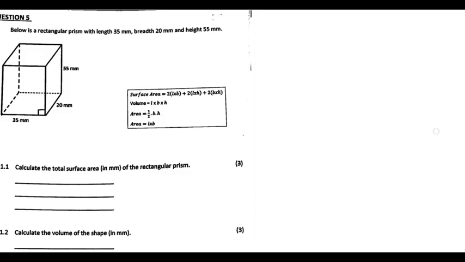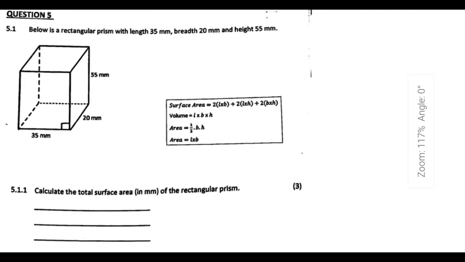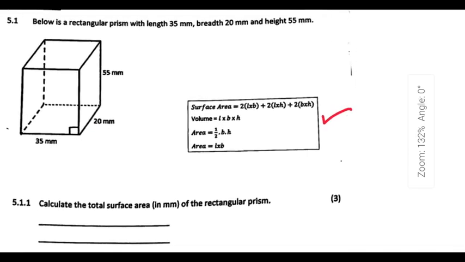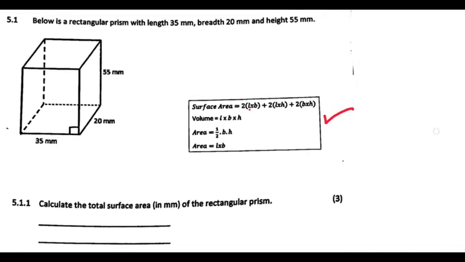Now you must remember, in the exam they give questions like this. I chose this question for a rectangular prism. The question says below is a rectangular prism with length 35 mm, breadth 20 mm, and height 55 mm. So I have all three dimensions. This is the formula they will give you in the exam, so you need to choose the correct formula.